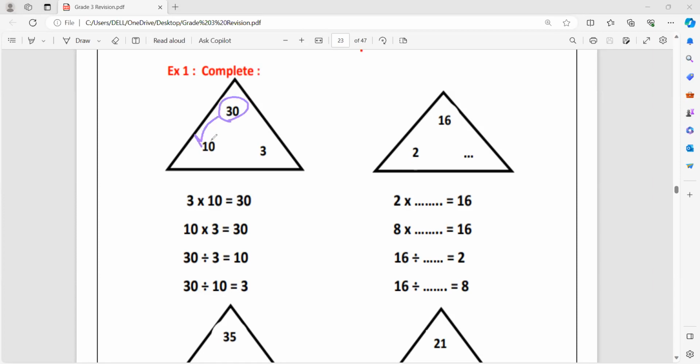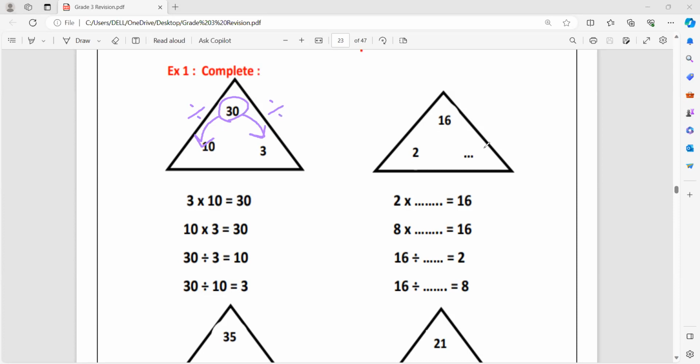So make 30 divided by the lower number. 30 divided by 10 equals 3. Or I can write 30 divided by 3 and it will give me 10.